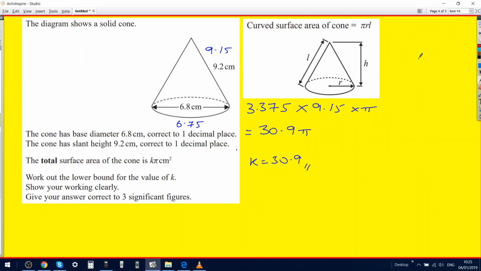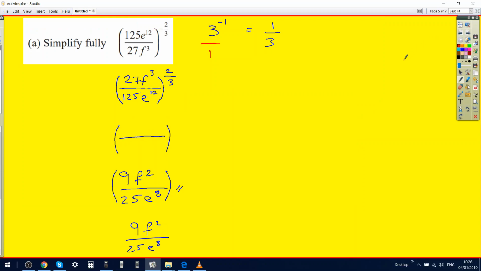This one you're all right for, I think. You just have to look it up on the formula sheet. And yeah, lower bound, so that's the lowest thing it could be. Okay, how did we do this one?